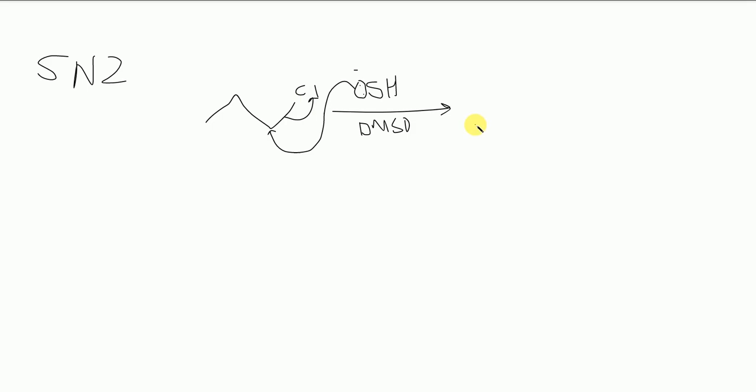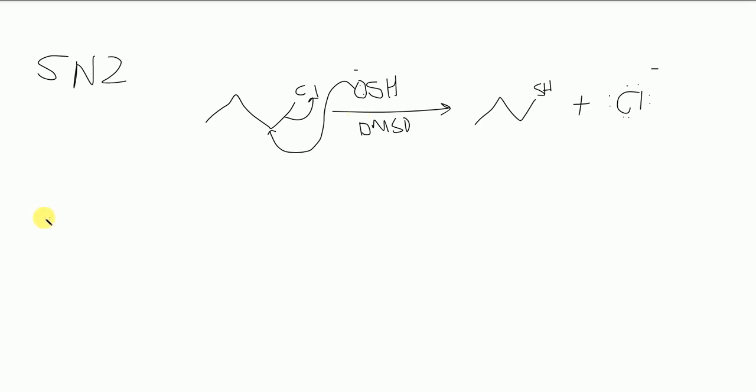So what happens is I now have SH attached to the molecule plus the chlorine, right? And so what DMSO does, it doesn't stabilize this nucleophile. It keeps it as reactive as it was. It keeps it as unstable as it was. Nucleophiles are unstable. They have negative charges. They have excess electron density. They want to form a bond.